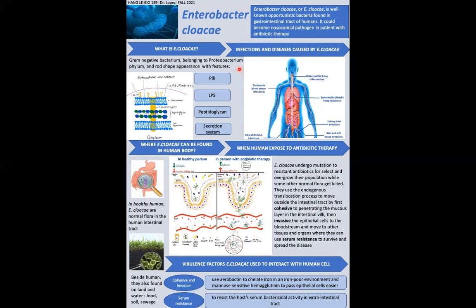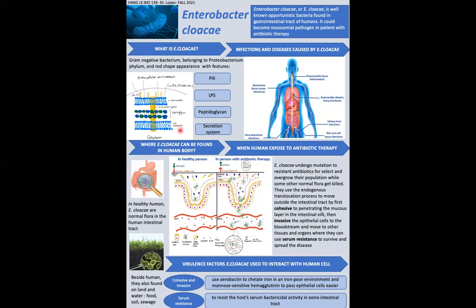It has a rod-shaped appearance and is an anaerobic bacterium with four features that I found in the project module 1: the pili, as you see over here, that help them to be adhesive; LPS over here; the peptidoglycan, which is really thin because it's a gram-negative bacterium; and also the secretion system in here.